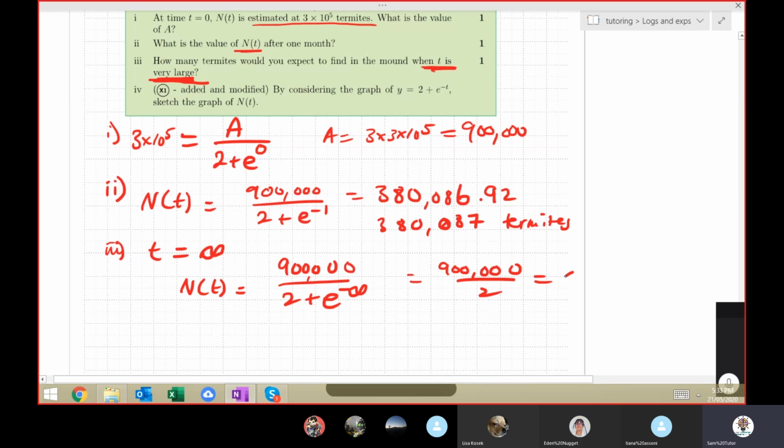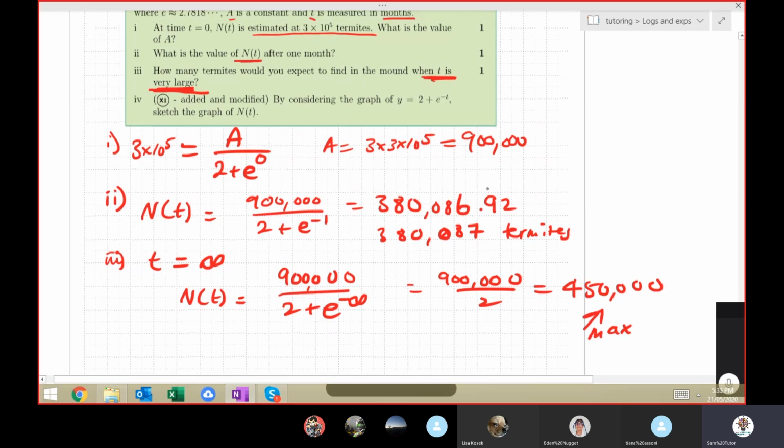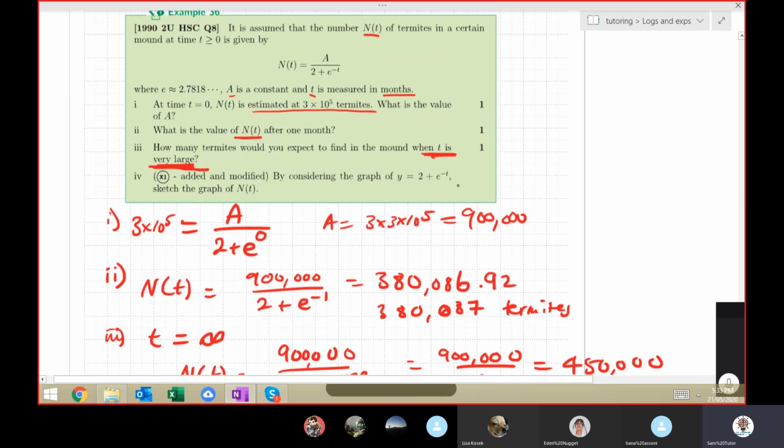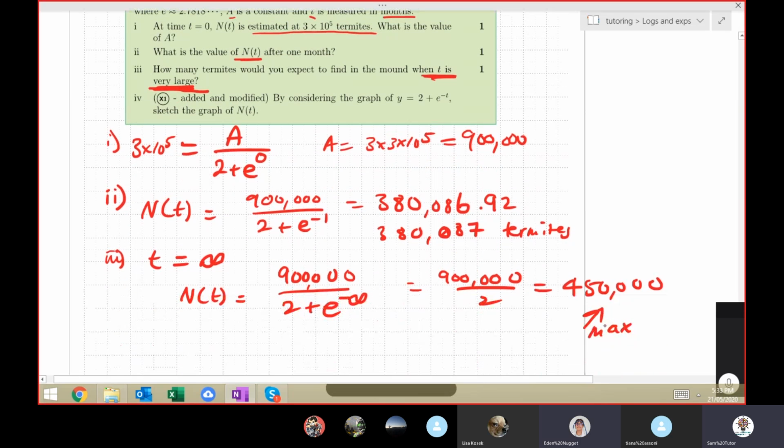So what happens to the number of termites as t gets very large? It gets close to 450,000. So pretty much, the maximum termites you'll have, according to this modeling, is 450,000 termites as t approaches infinity. If it's 20 months, 50 months, a million months, it doesn't matter. The maximum you'll ever have is 450,000 termites.